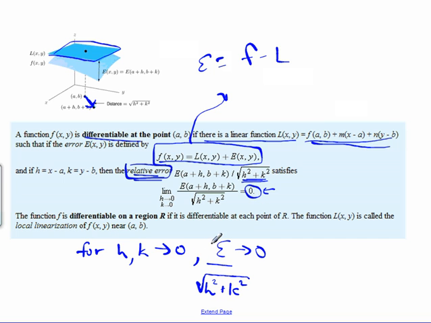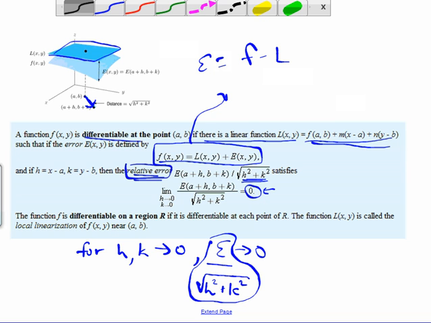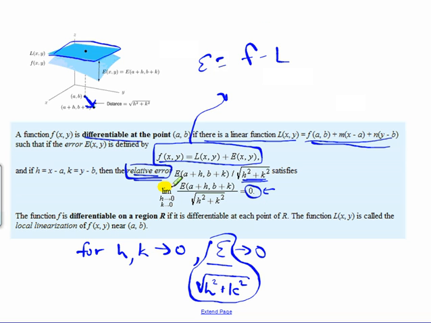This expression creates a relative error. In other words, it thinks about how big my error is in relation to how far I've gone away from my original point. Provided that this approaches 0 as h and k approach 0, written in limit notation here, then we say that the function is differentiable on the region R.